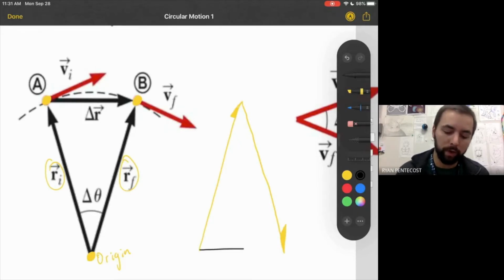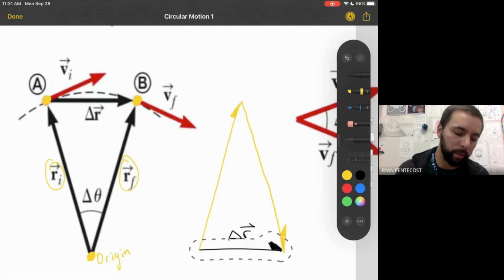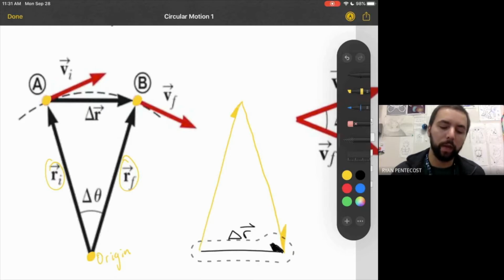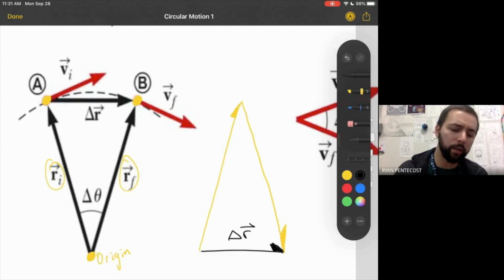If we find this vector here, that would be our delta R. Hopefully I did this right. I can move this on up. Bingo, it fits.